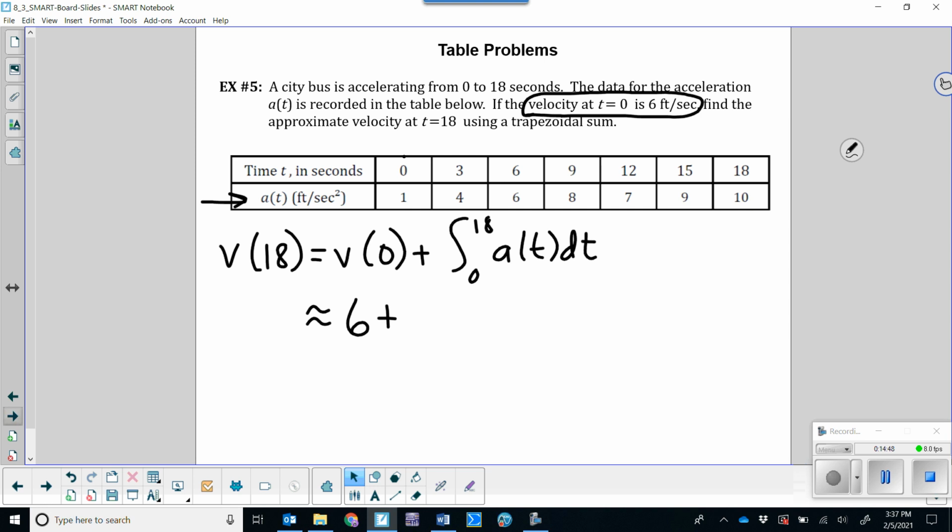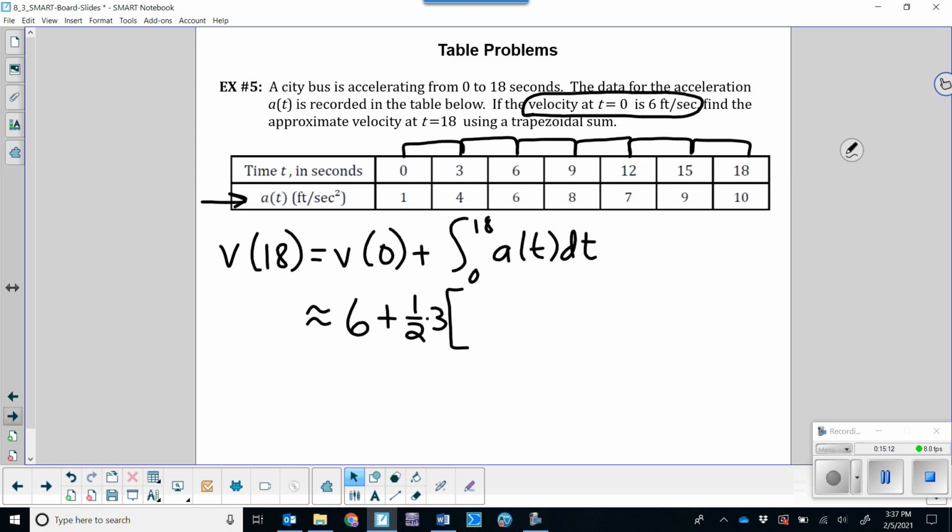So every interval, again, good idea to sort of, especially if you have trouble, kind of write these bars there. Notice that every interval is 3. So the height of every trapezoid will be 3. So we can put 1/2 times 3, and then inside the parentheses, base plus base plus base plus base, and just keep doing that.